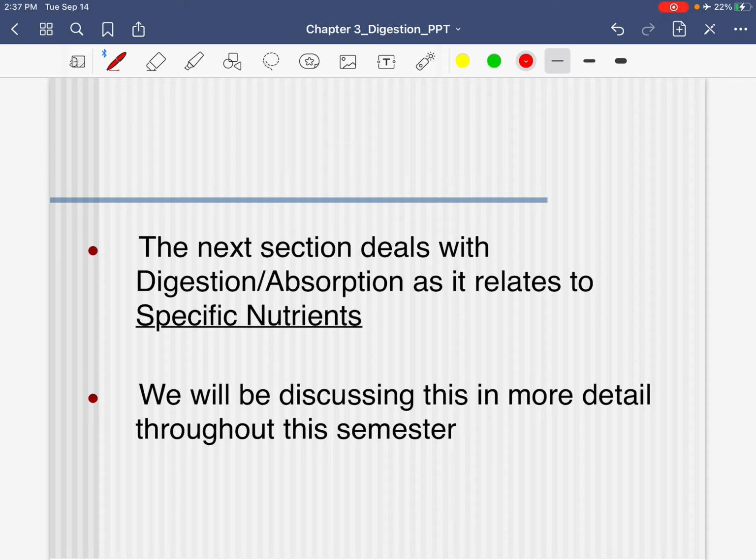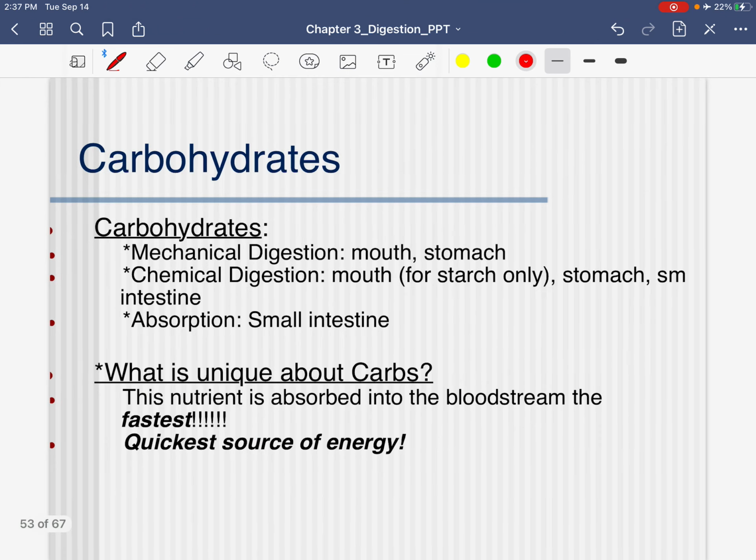We bring in a nutrient, we mechanically break it down, we chemically break it down into its smallest pieces, and then and only then are we able to absorb those nutrients through the small intestine wall into the bloodstream. That nutrient-rich blood then goes to the liver, and the liver decides how much of those nutrients to keep in the blood versus how many of those nutrients to store for later.